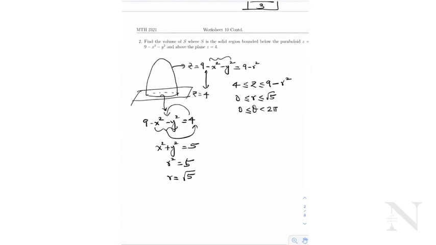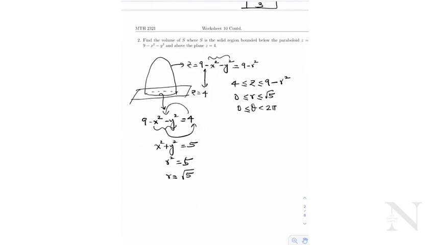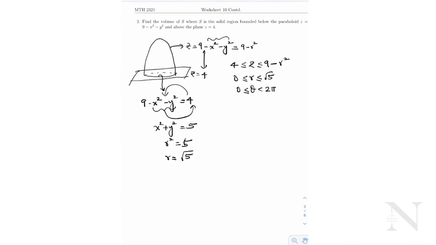Okay, do we have everything? So we are still finding the volume. That's the triple integral of 1 dV. And here again, z depends on r, so just be careful. So 4 to 9 minus r squared, 1 dz, 0 to square root of 5, and 0 to 2 pi, r dr d theta.